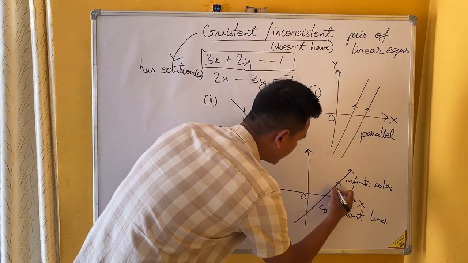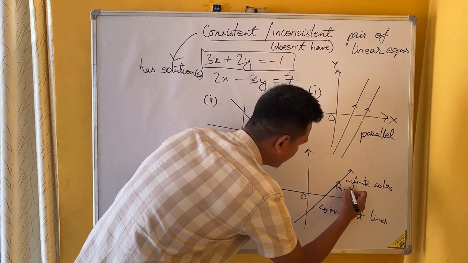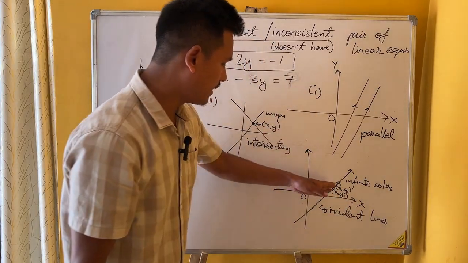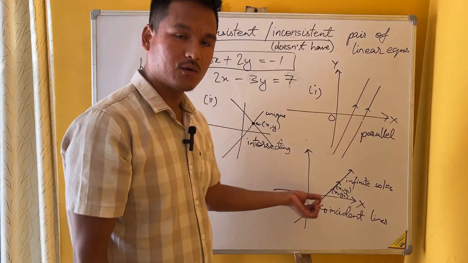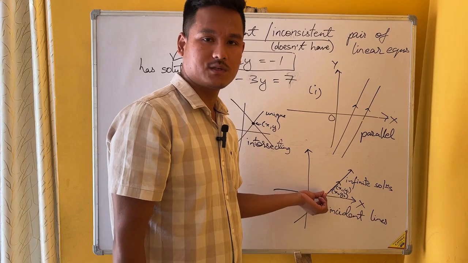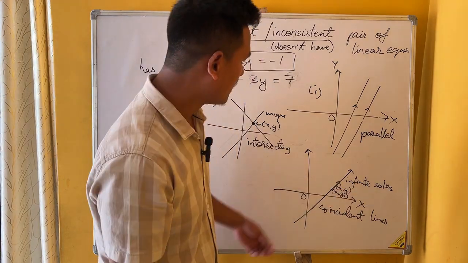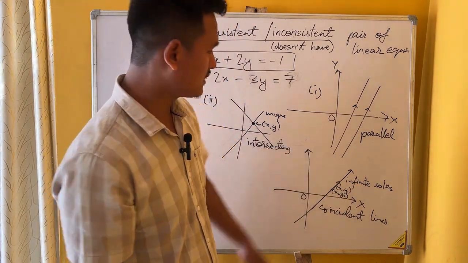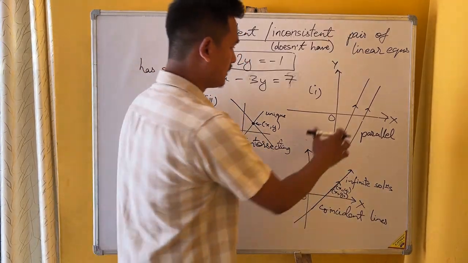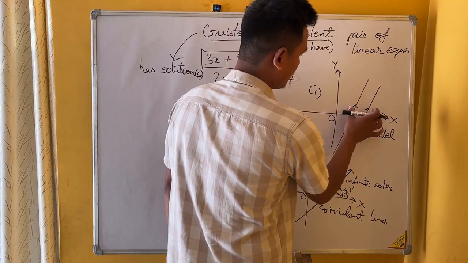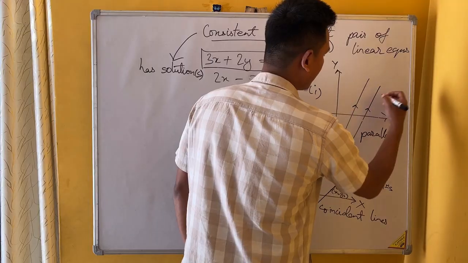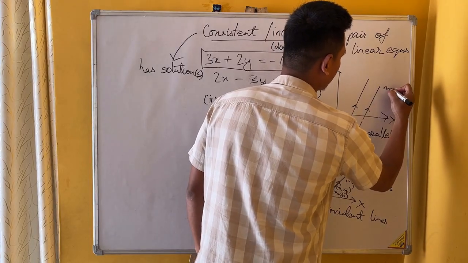There are so many points, let's say x1, y1, similarly x2, y2, like that, there are many other points which lie on both the lines. So that's why we say that this pair of linear equations has infinite solutions. While when we look at parallel lines, they are not meeting anywhere. So this pair of lines doesn't have a solution. No solution.